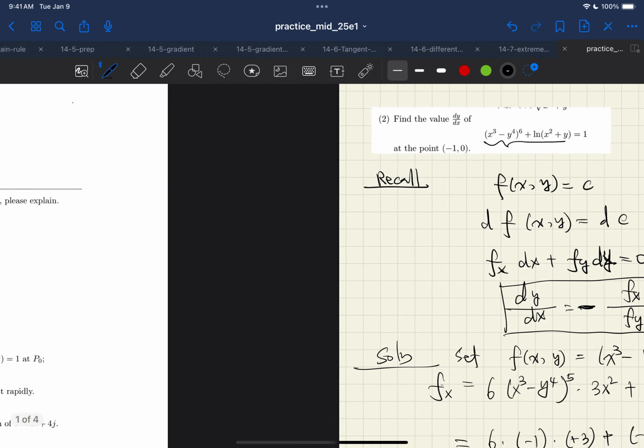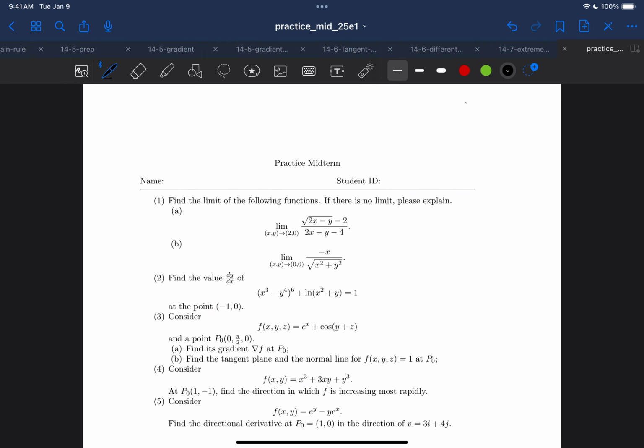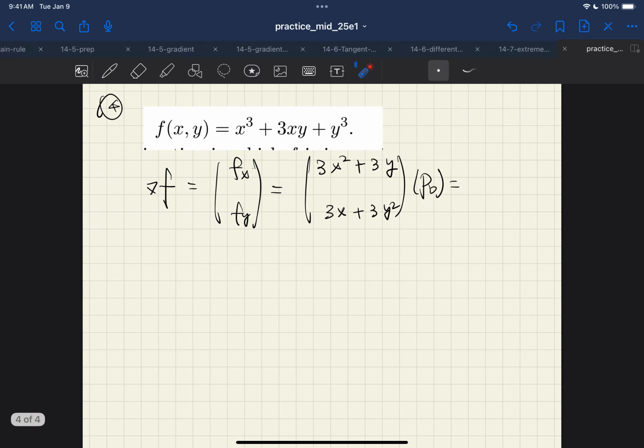P0 is given by -1, 1. So the first one is 3 minus 3, and 3 plus 3 is 6. And this is not a direction because the length of this vector is just 6. So you need to normalize that.